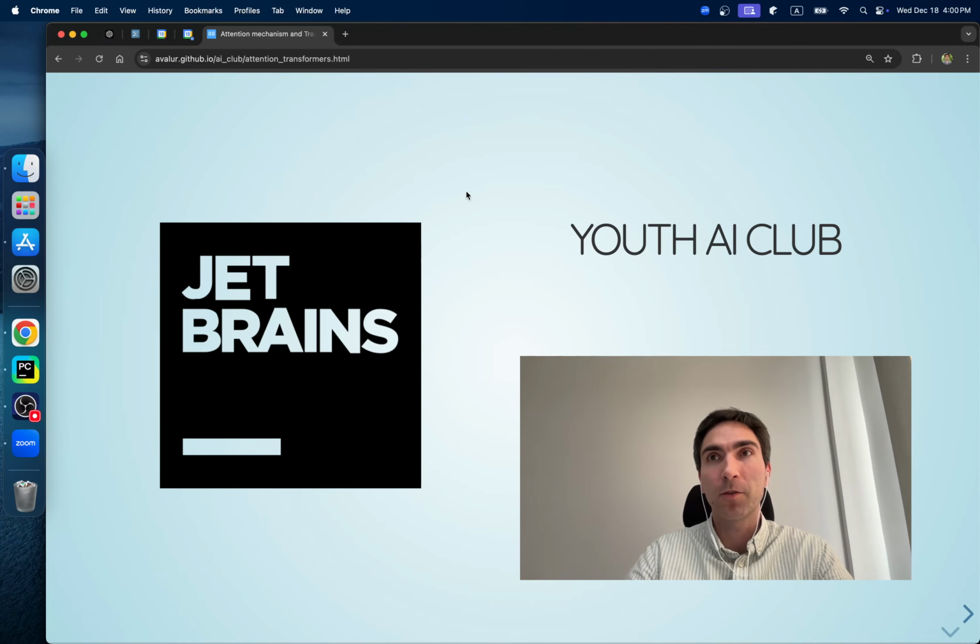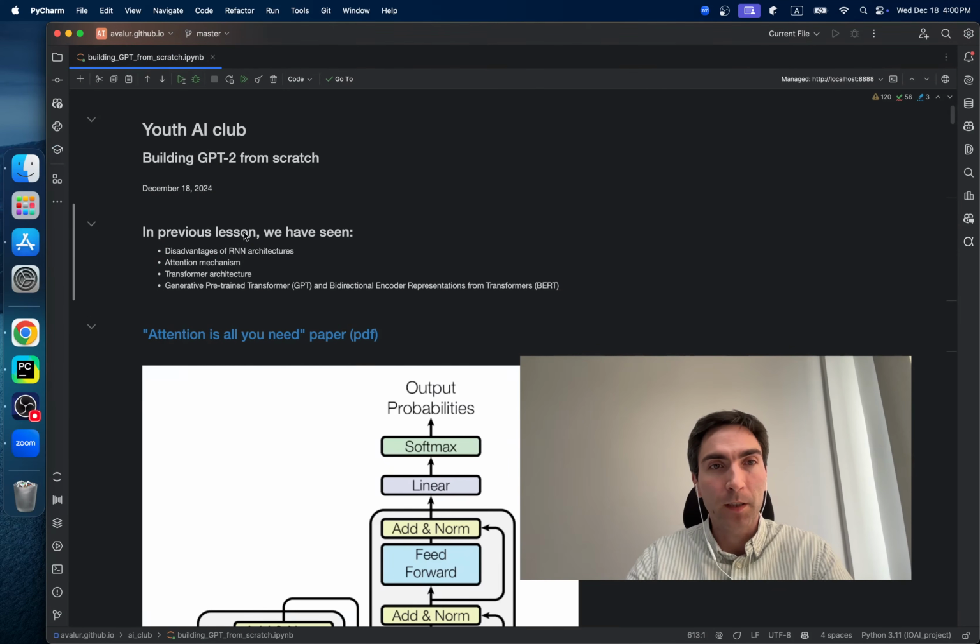Today we are talking about the transformer model again. Last time we discussed the disadvantages of the previous approach, recurrent neural network architectures.